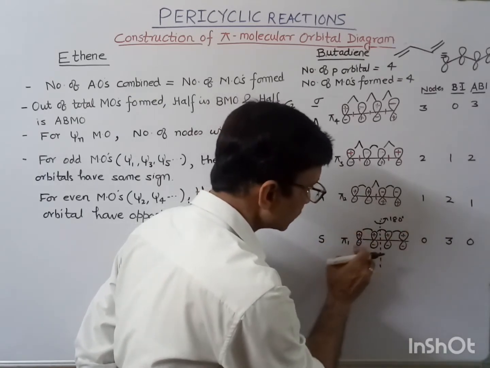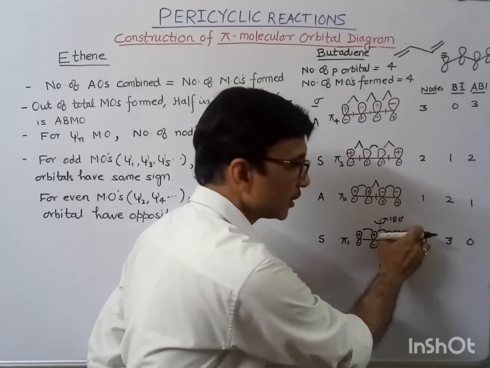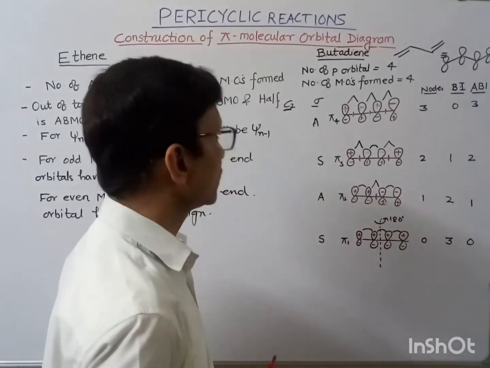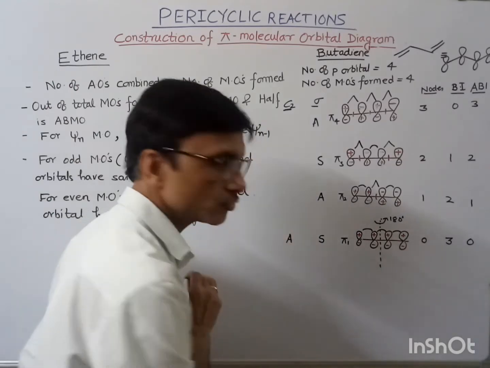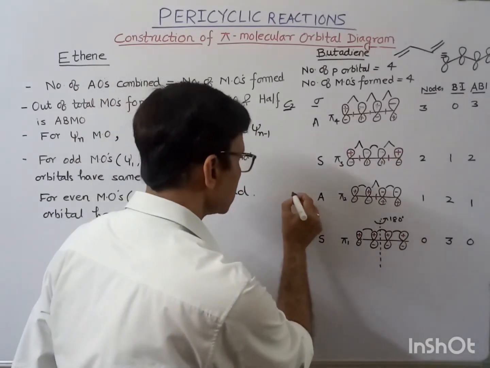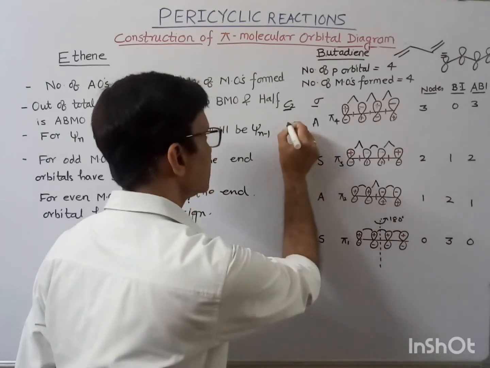So this is not symmetric with respect to C2, this is anti-symmetric with respect to C2. This is symmetric, this is anti-symmetric, this is symmetric.